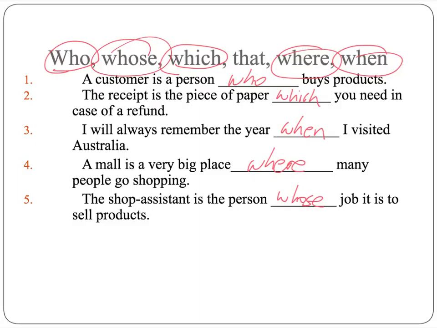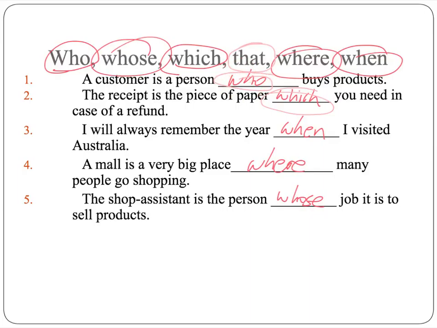Now, what about the remaining word, that? Well, that can be used in many of the contexts where who and which are used, okay? So in number 1, I could also say a customer is a person that buys products.